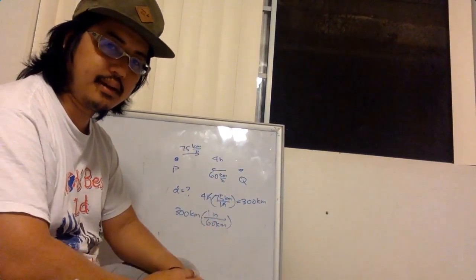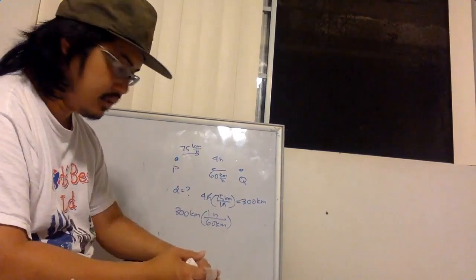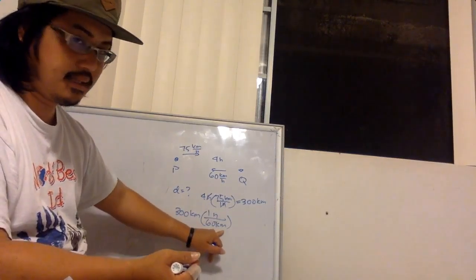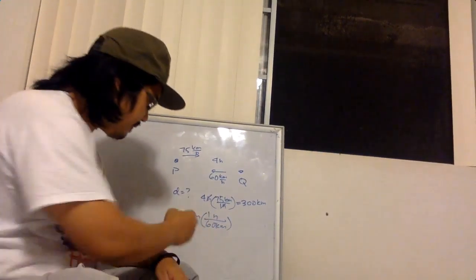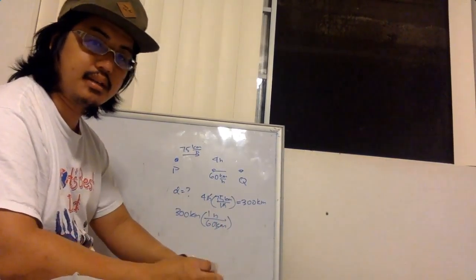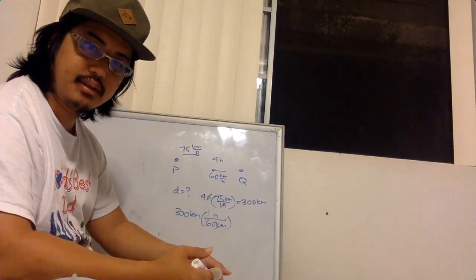I'm allowed to do that. It's just the inverse of this ratio right here. The reason why I did that is because I have 300 kilometers over here. That 60 kilometers on the bottom cancels out. Or at least the units will cancel out. What we're measuring it in cancels out. That's what I mean by the units.